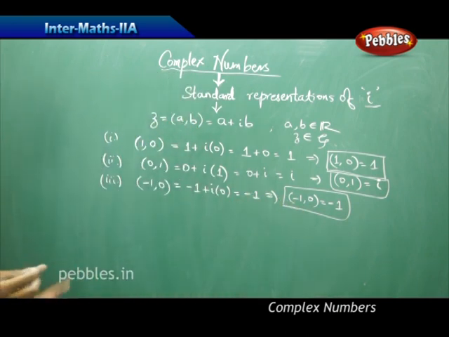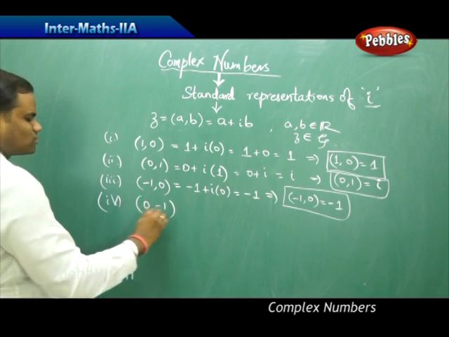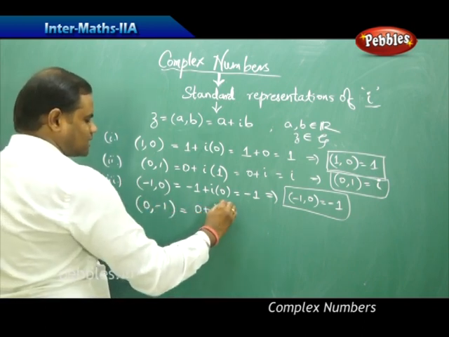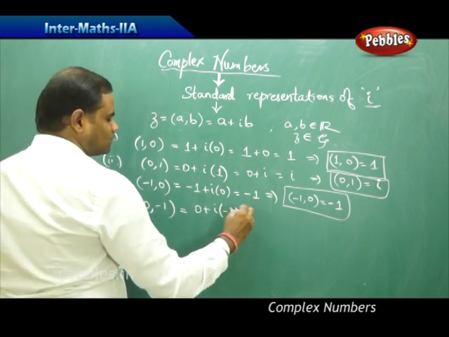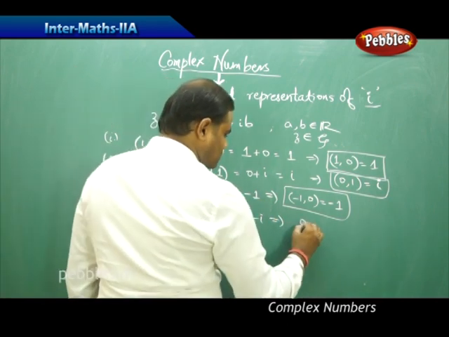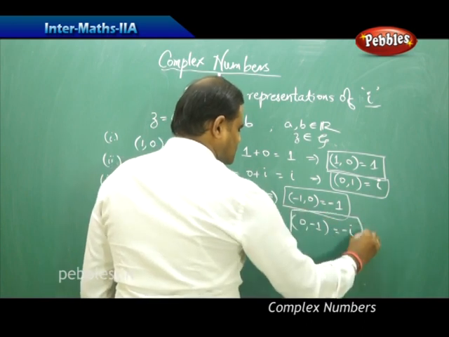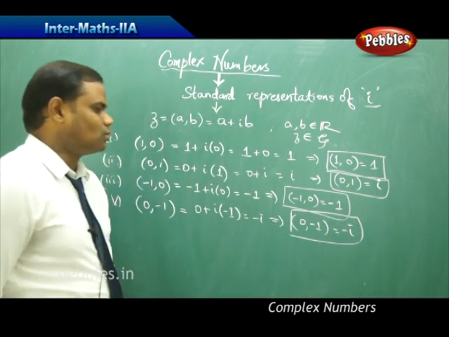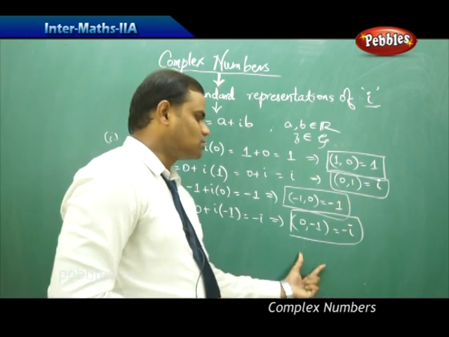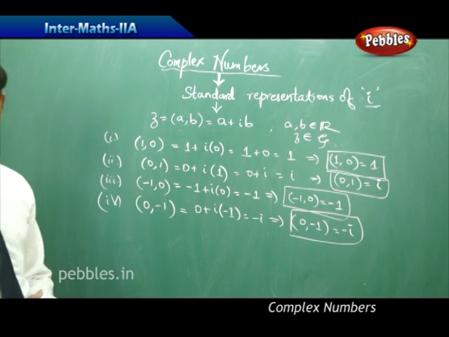Finally, I come to (0, minus 1), which can be written as i times minus 1, which is minus i. Therefore the property says (0, minus 1) is minus i. So these are 4 exclusive properties connected with complex numbers.